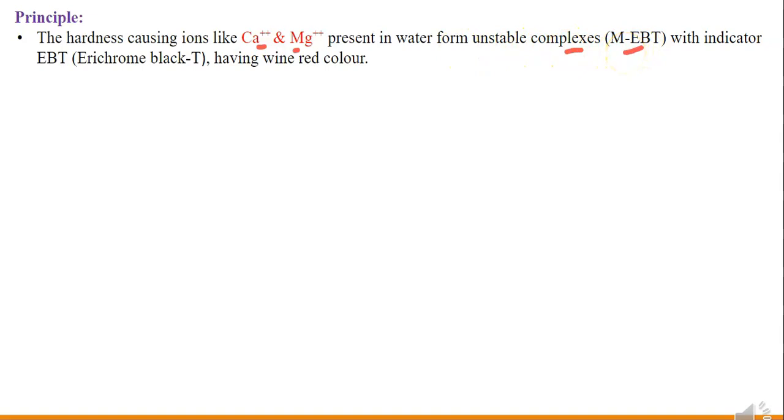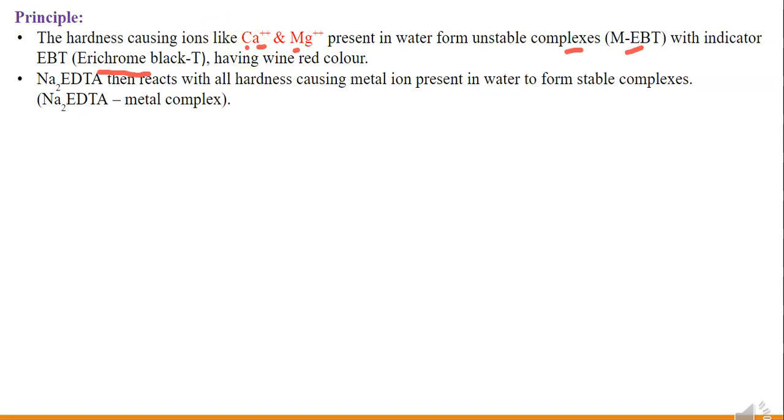So this is a titration. We do need an indicator so that we can find out the endpoint of the titration. The indicator which we are going to use in this titration is Eriochrome Black T indicator. This indicator also forms a complex with the metal ions, therefore it is a complexometric titration.